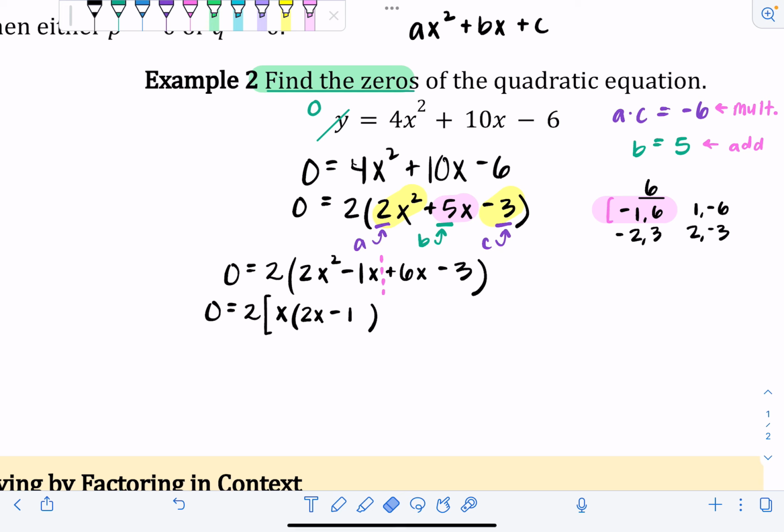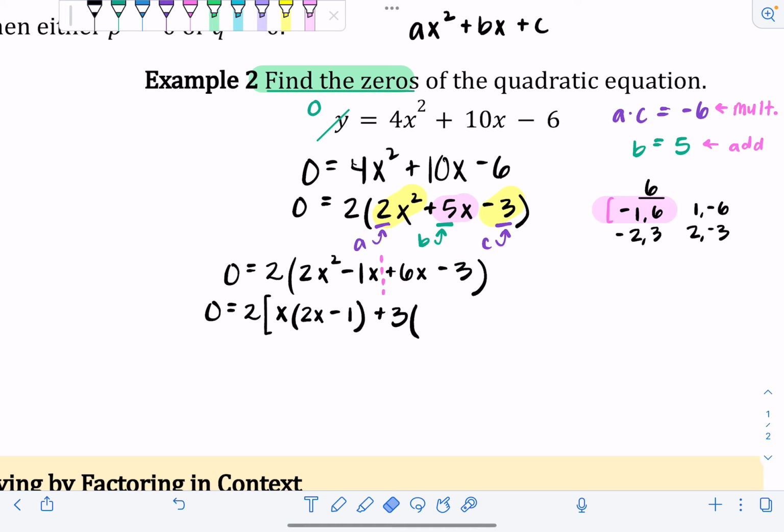Okay, and then we repeat that process with the second half of the expression, with this 6x and negative 3. Between 6 and 3, the GCF is 3. So we'll do plus 3. The 3 doesn't have an x over here, so I can't factor an x out.